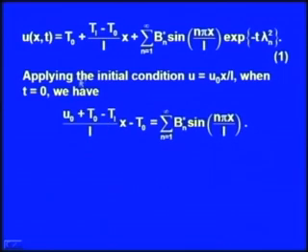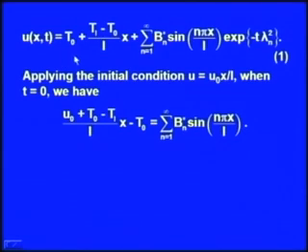So, with that, let us put t equal to 0 here. When you put t equal to 0 here, u(x,0) is u0 x over L, and e to the power 0 becomes 1 here. So, let us evaluate the values of the constants b_n star here.